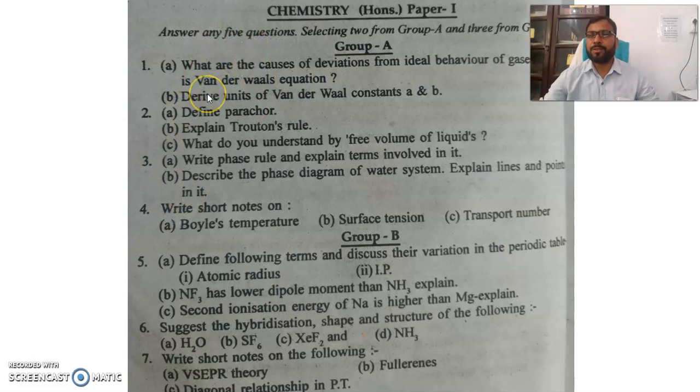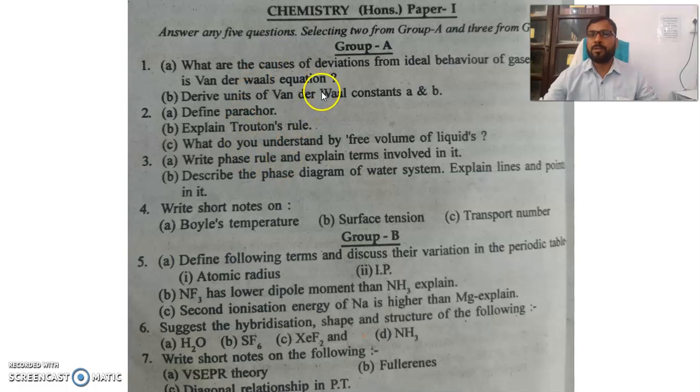Answer any 5 questions, selecting 2 from group A and 3 from group B. If you are not following the instructions and you are writing according to your choice, definitely you will lose your marks. So stick to the instruction.